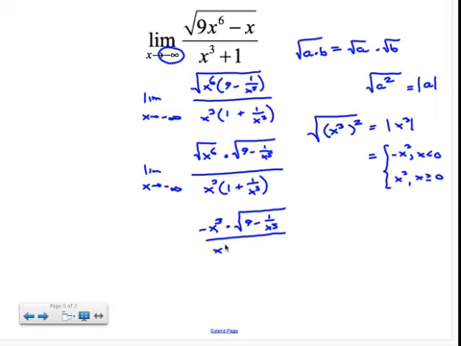And now I'm ready to factor the x cubed away from the rest of the limit and make this into two limits. Once again, we'll make this into two limits.